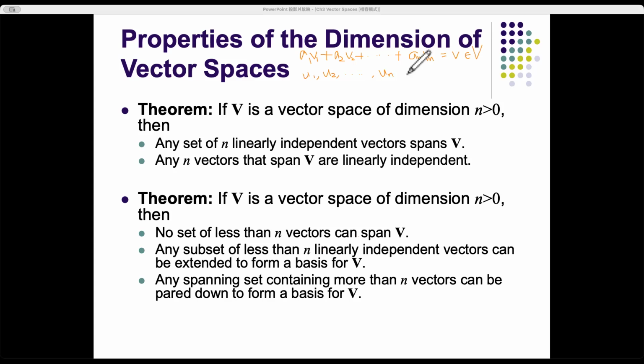These are the basis for V. First, because U1 to Un are the basis for V, then obviously U1 to Un span V. So we can write V as a linear combination of the Uis.